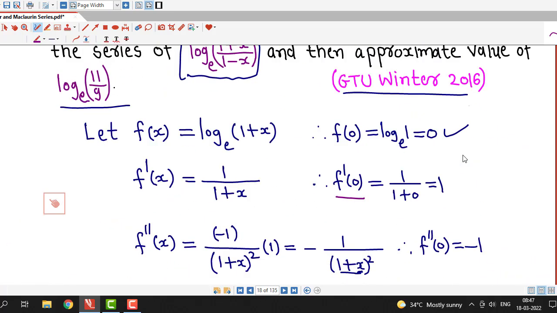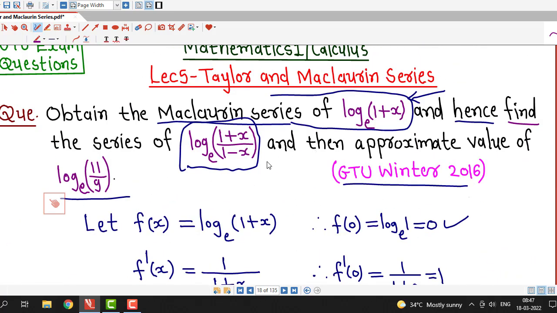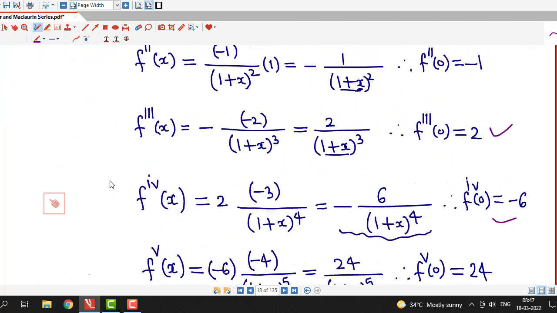So this is the second portion of the question. First we have obtained the Maclaurin series of log 1 plus x. Using that Maclaurin series we obtain the series of log of 1 plus x by 1 minus x, and using this we have to find the approximate value of log of 11 by 9.